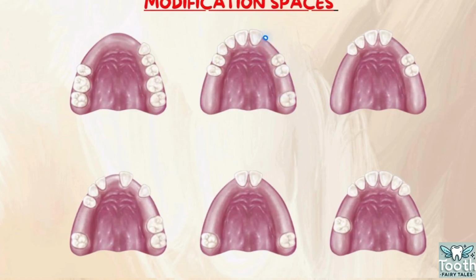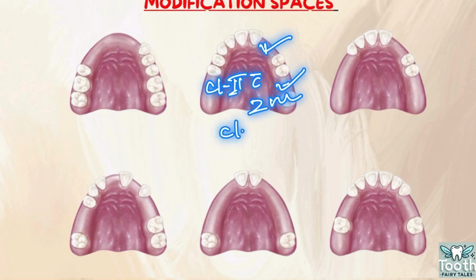But we are not considering the extent of the modification space. We are only concerned with the number of modification spaces. So this becomes Kennedy's Class 2 and Modification 2 because it is having two modification spaces. Hence it is Kennedy's Class 2 with two modifications. That is Kennedy's Class 2 and modifications 2.